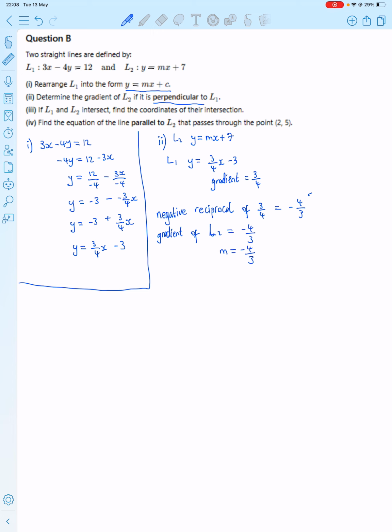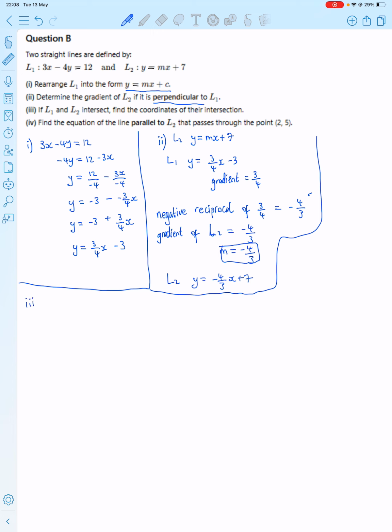Okay? They haven't asked us to do this, but I'm going to write out the equation for L2. This is the final answer for the gradient, but I'm just going to write out the equation of L2. It's y equals minus 4/3 x plus 7. Okay, that's that question done.